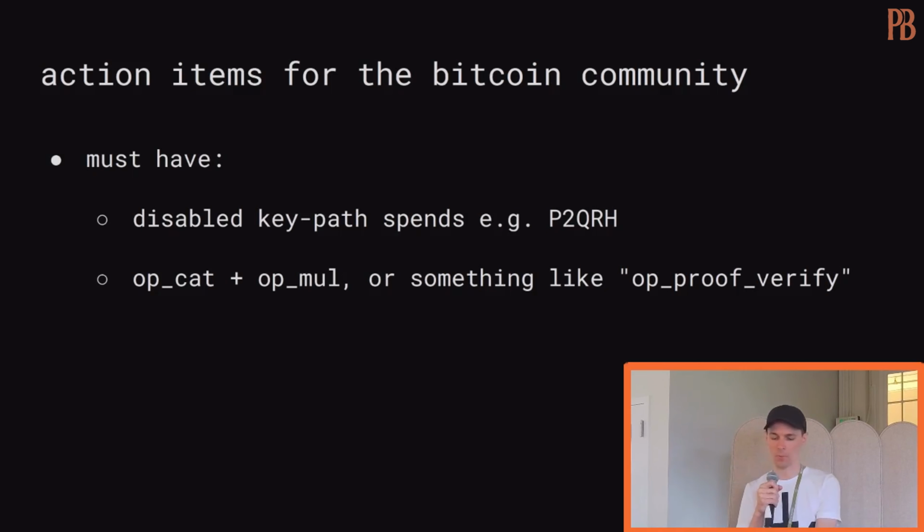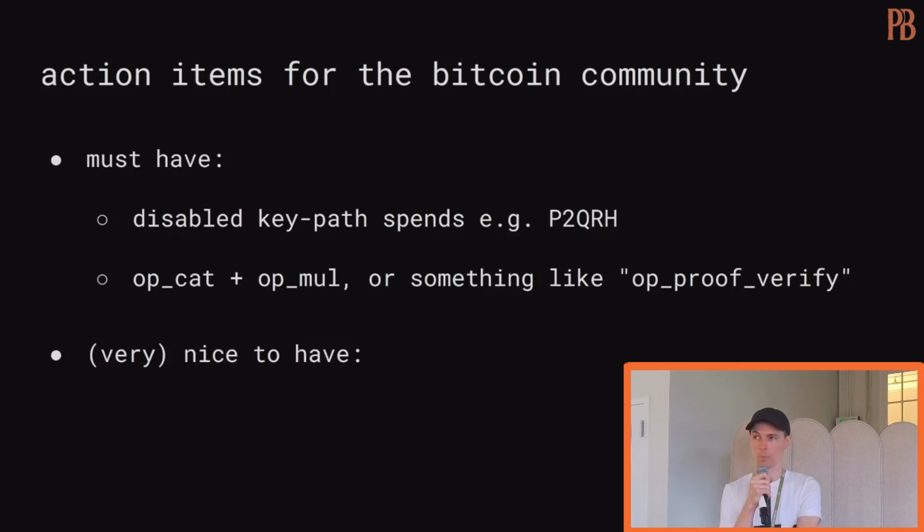You could also have something like op proof verify, which would be an opcode on Bitcoin layer 1 that's specifically tailored to verifying a specific kind of proof system. That opens questions of which proof system, and that would probably be endlessly bike sheddable. So I tend to prefer the more generic approach of opcat and opmul, where people have the freedom to build what kind of verifier they want, but it's ultimately up to the community to decide what to do there.